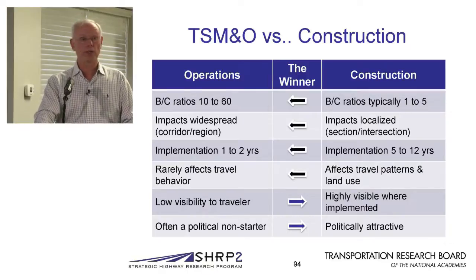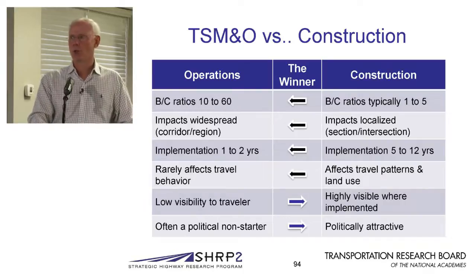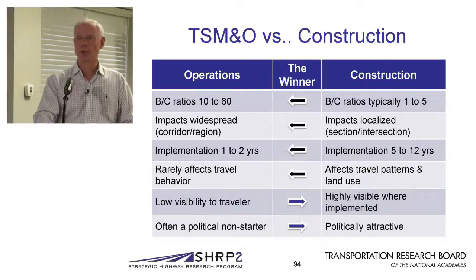We talked about the impacts potentially being widespread throughout a corridor or a region for TSM&O. We talked about the rapid implementation relative to major capital improvement projects, and the little, if any, impact on travel behavior or induced demand. On the other side, when we talk about TSM&O, typically we talk about small benefits accruing to lots and lots of travelers, so it becomes hard to perceive, whereas there's no missing it when you're opening up a new facility or a new lane on a bridge.